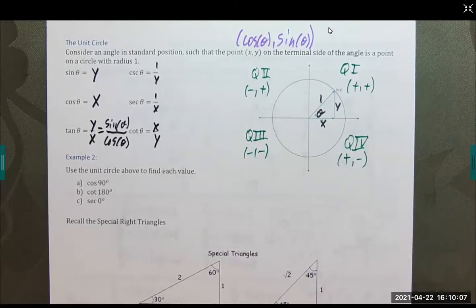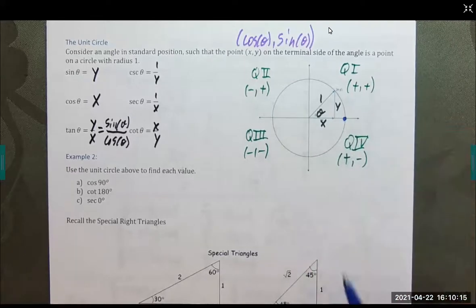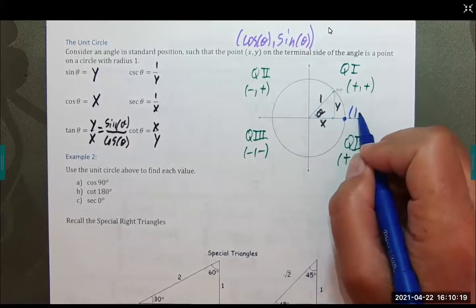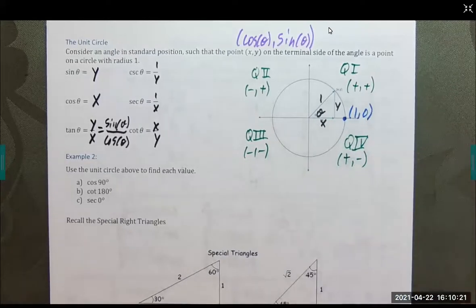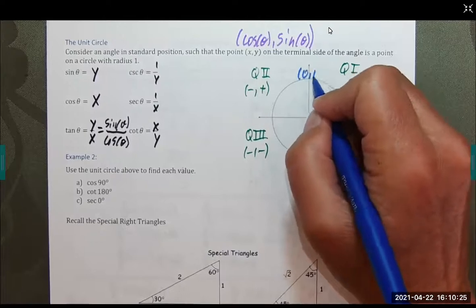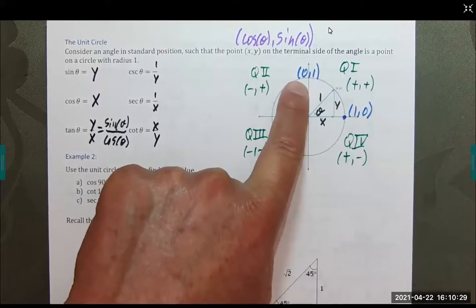I want to label these points. So the point right here, because it's a unit circle and all of the radii are 1, this is the point 1, 0. Up here, this is the point 0, 1. Now keep in mind, the first one is x, which is cosine.